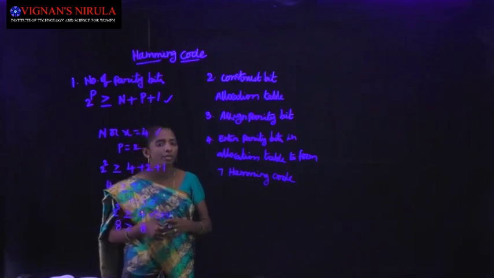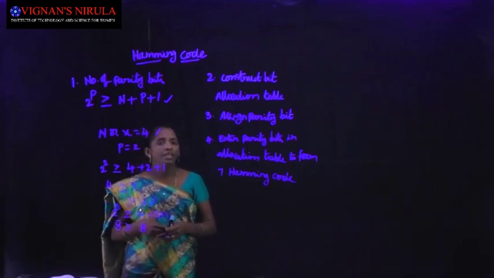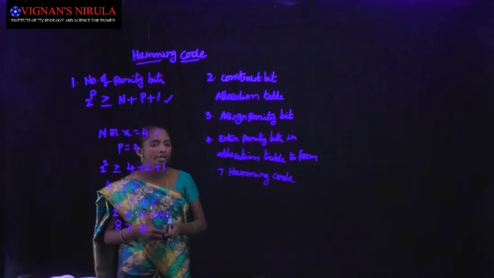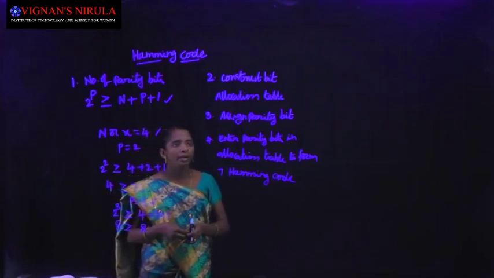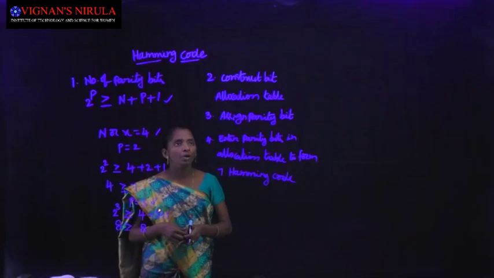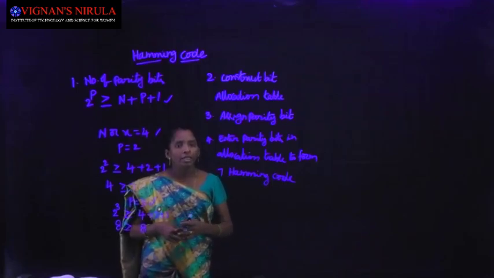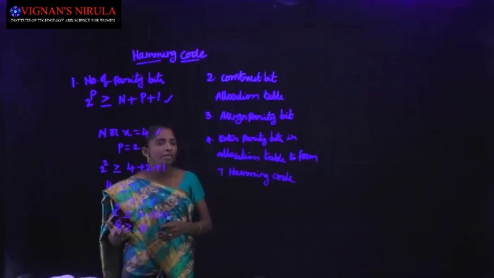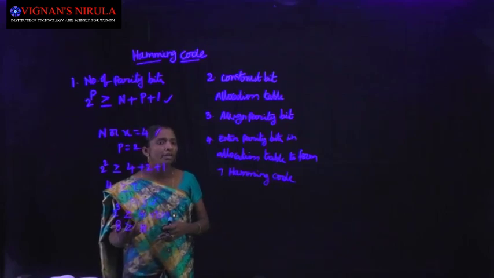Next come the information bits and then the parity bits. These are the contents of the bit allocation table. So you have to construct the bit allocation table by using information bits and parity bits.